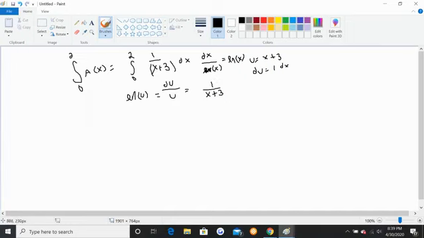u, right? Because we're following this format here. And when we plug u back in, we get ln u over 1 dx, right? And so now we know that ln x plus 3 is going to be our antiderivative.